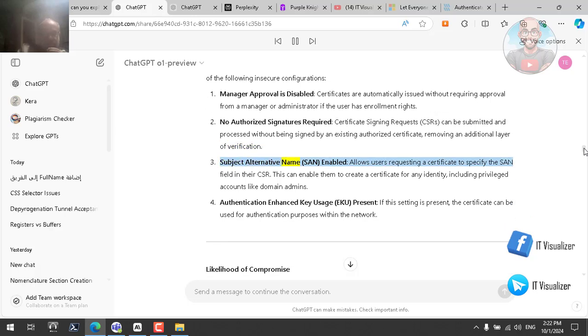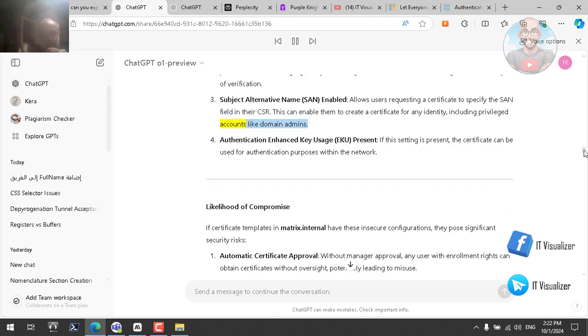Subject Alternative Name, SAN, enabled. Allows users requesting a certificate to specify the SAN field in their CSR. This can enable them to create a certificate for any identity, including privileged accounts like domain admins. Authentication Enhanced Key Usage, EKU present. If this setting is present, the certificate can be used for authentication purposes within the network.